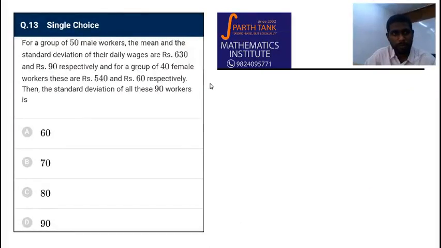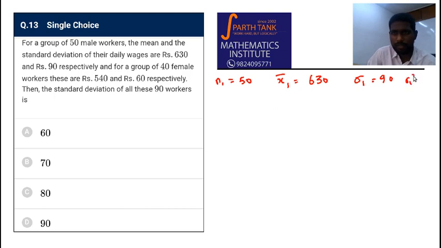Let us move on to question number 13. For a group of 50 male workers, the mean and the standard deviation of their daily wages are 630 and 90 respectively. So there are 50 male workers, their mean is 630 and standard deviation is 90.